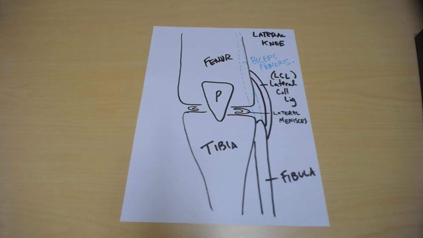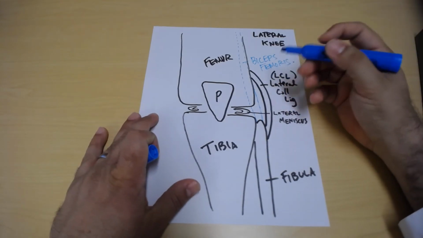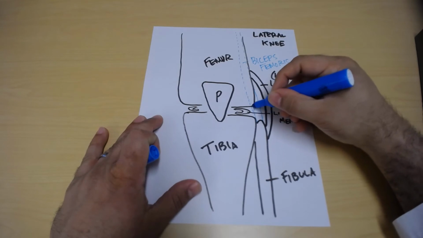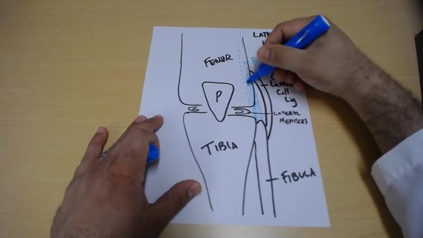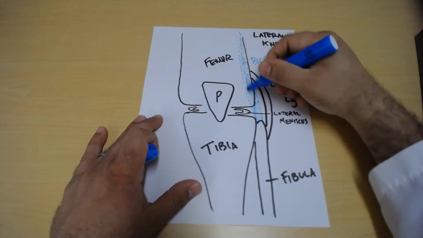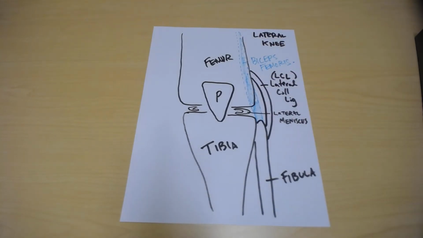There are three tendons which make up the hamstring. The biceps femoris is one of them, and that runs along the back of your thigh, and this particular tendon comes and attaches onto the fibula itself.